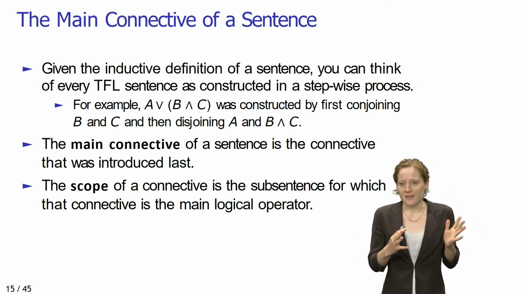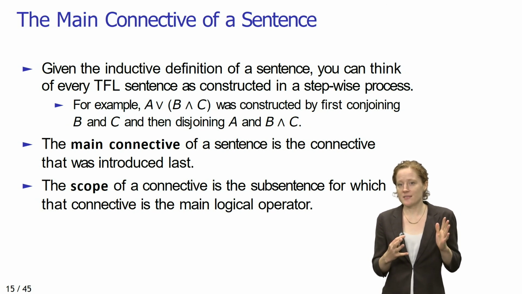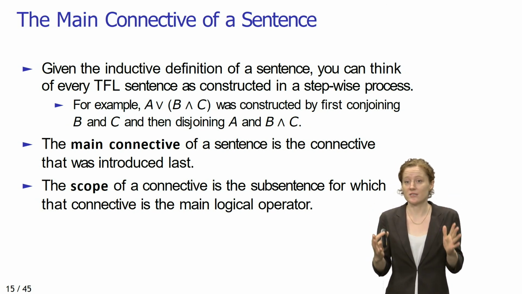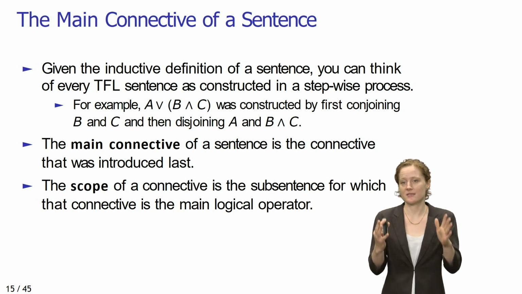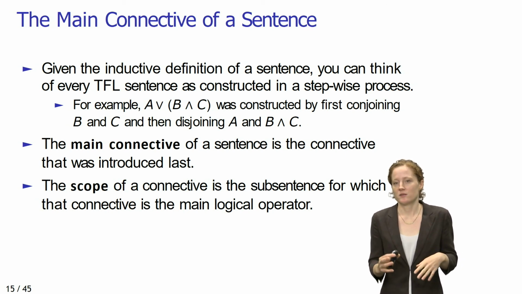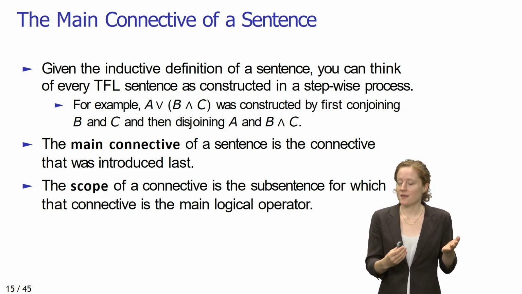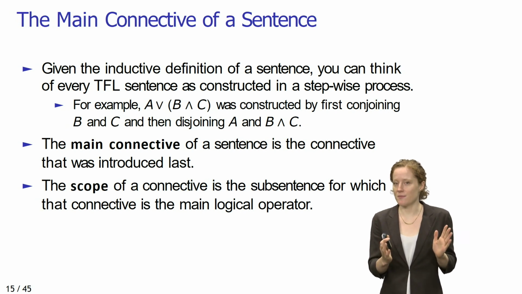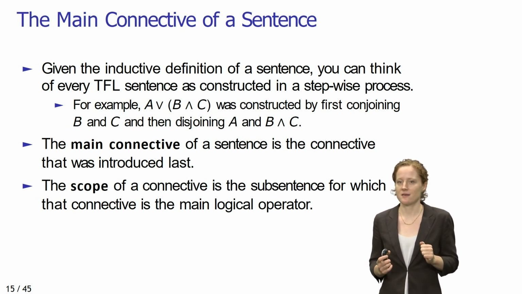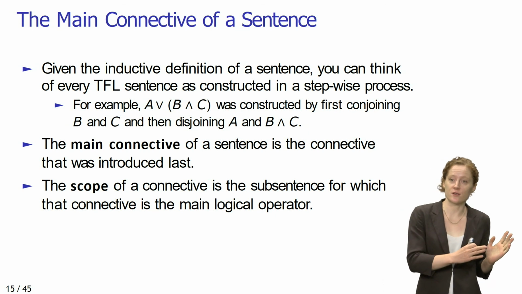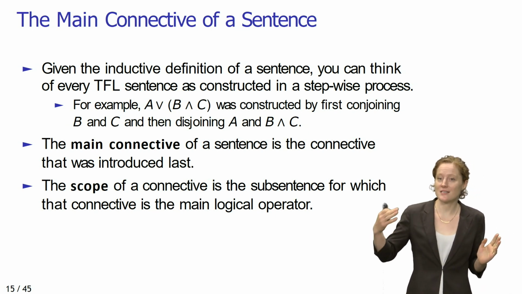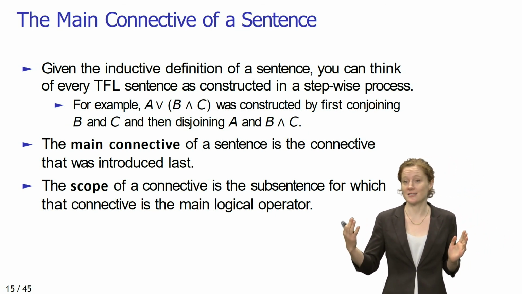The main connective of a sentence is the connective that was introduced last in this stepwise process. So in our previous example, the disjunction symbol is the main connective of the sentence, since we first introduced the conjunction symbol and then in the second and last step introduced the disjunction symbol.